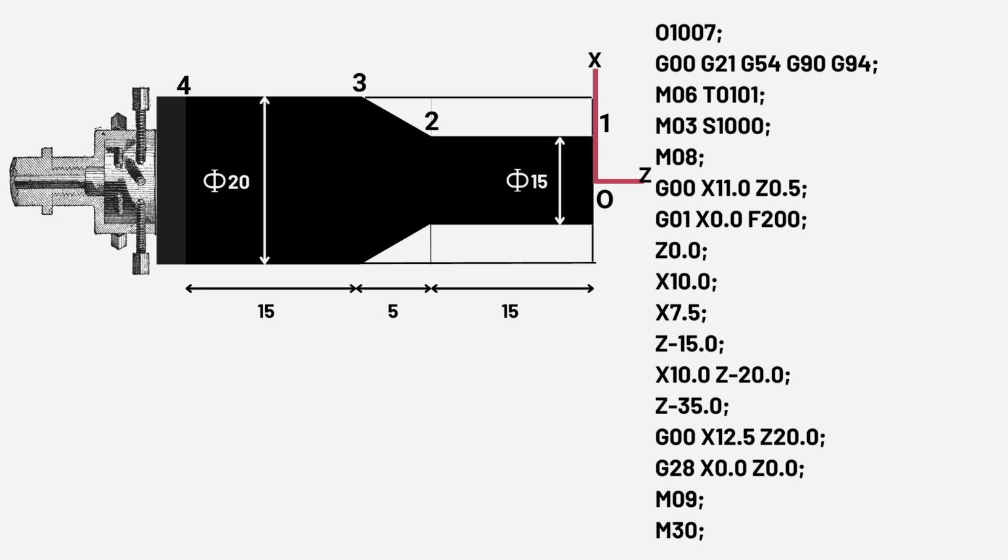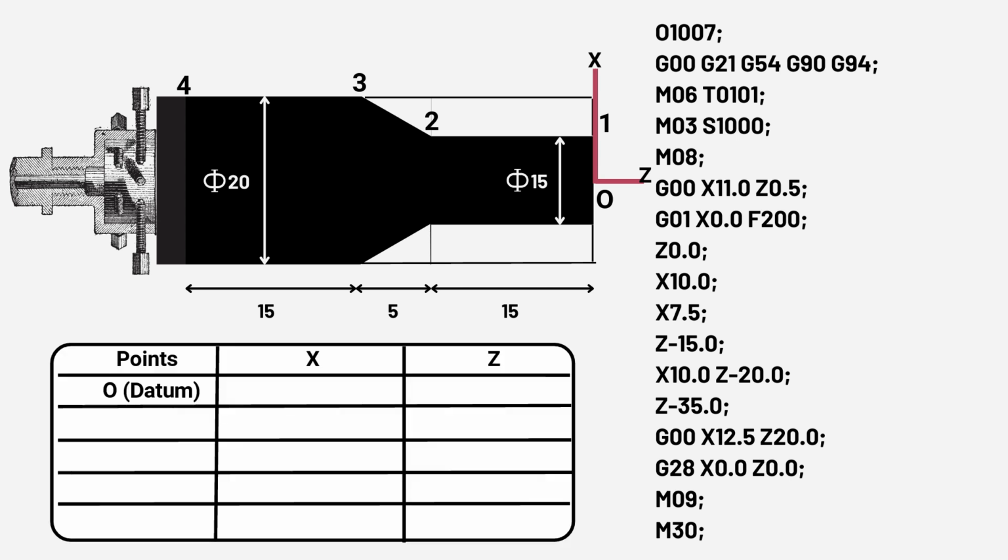Now we will write the corresponding workpiece position and X and Z coordinates in a table format so as to have a mathematical deduction prior to writing the program. So for the starting point or the datum, the coordinates are obviously 0, 0. For point 1, the coordinates are 7.5 and 0. 7.5 mm is for x-axis and 0 is for z-axis.